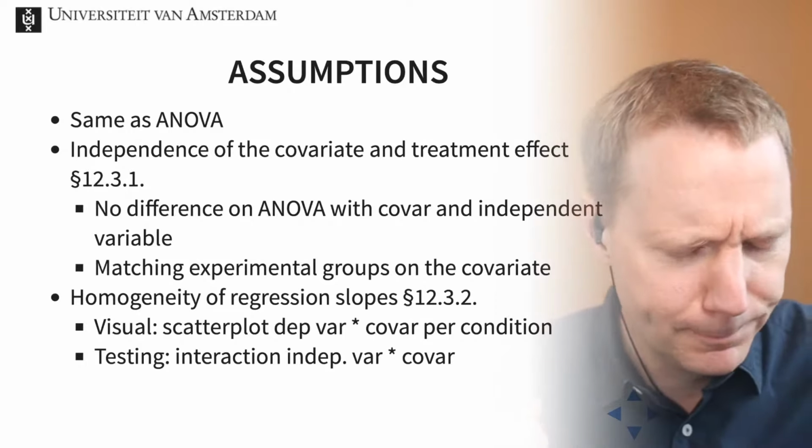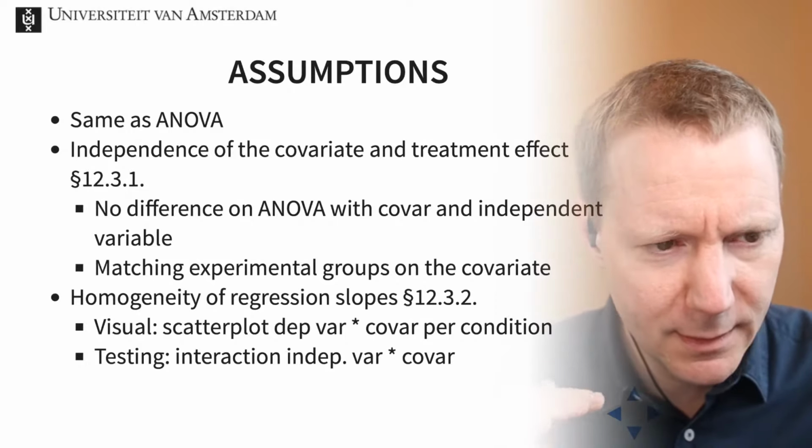And this is a bit in line with the notion that you want to take the impact of your covariate out of your dependent variable, but the impact that the covariate has should be equal across all categories.